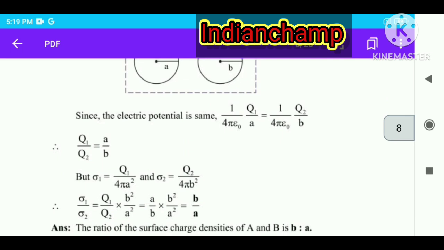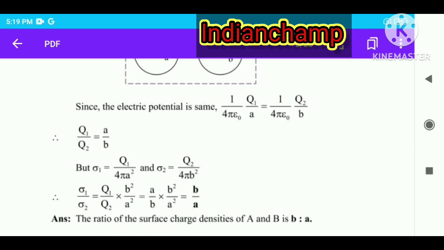Since the electric potential is the same, 1 upon 4 pi epsilon 0 Q1 divided by A is equal to 1 upon 4 pi epsilon 0 Q2 divided by B. Therefore, Q1 divided by Q2 is equal to A divided by B. But sigma 1 is equal to Q1 divided by 4 pi A square and sigma 2 is equal to Q2 divided by 4 pi B square.